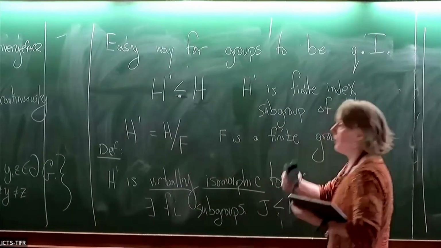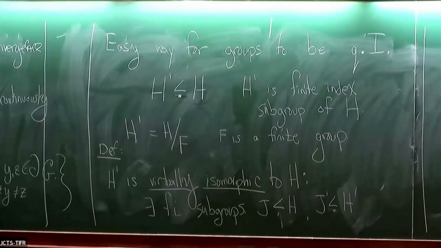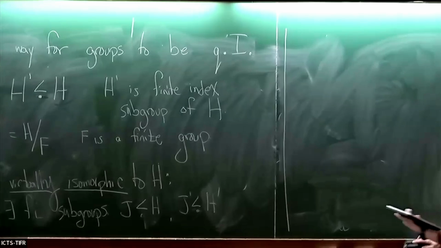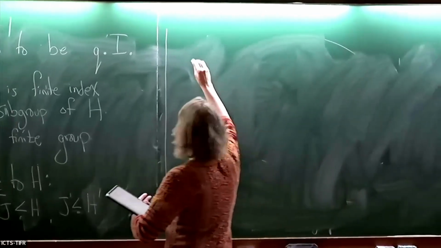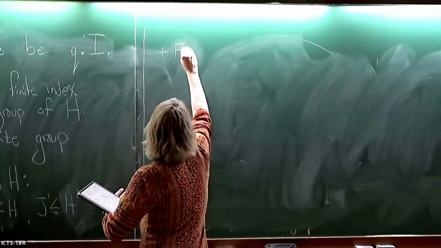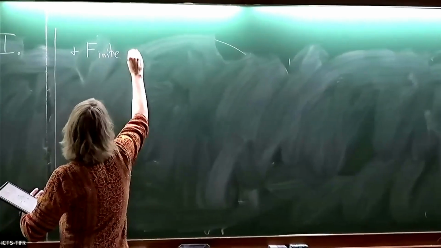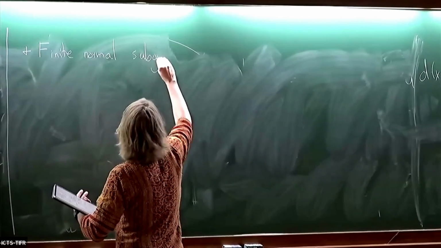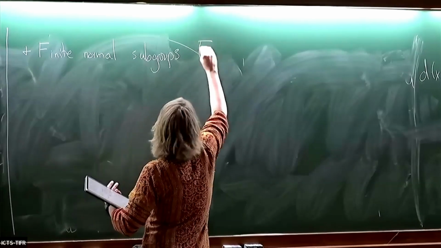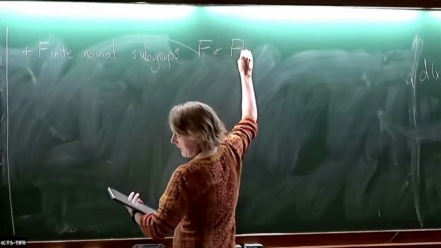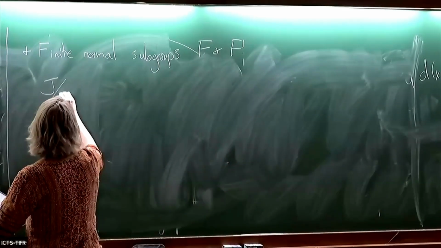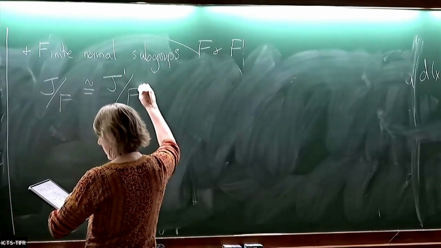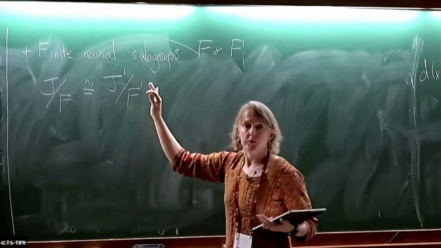So I pass to finite index subgroups, and then maybe I need to quotient out by some finite normal subgroups F and F prime, such that J mod F is the same as J prime mod F prime. That's called virtually isomorphic.